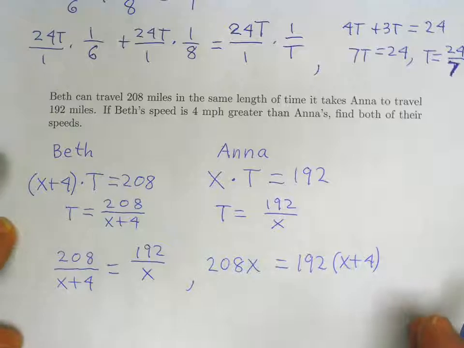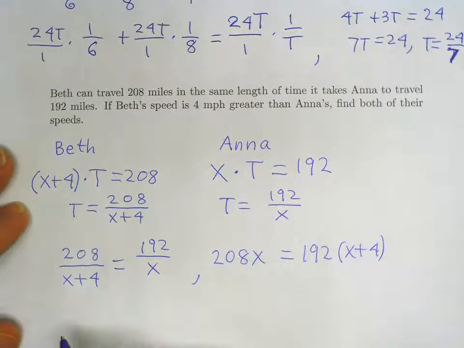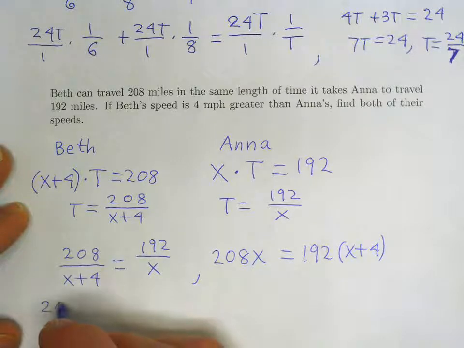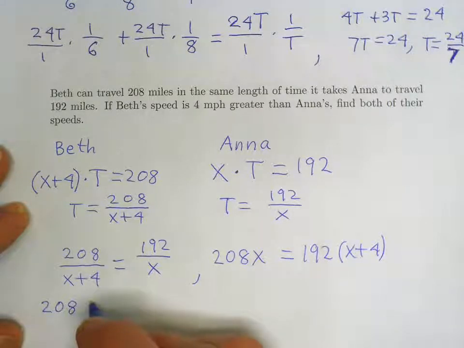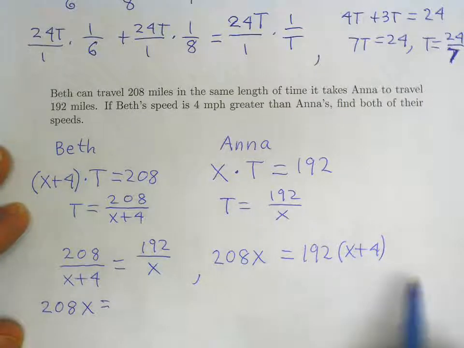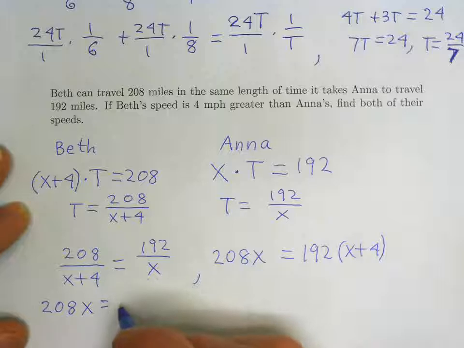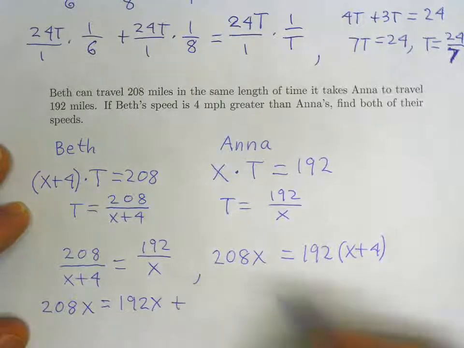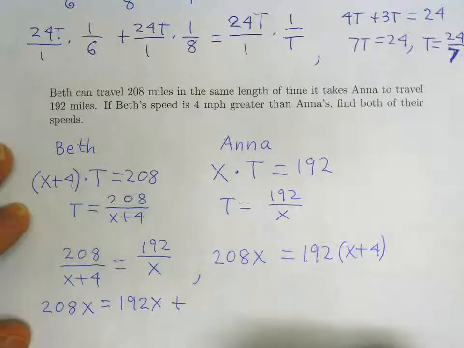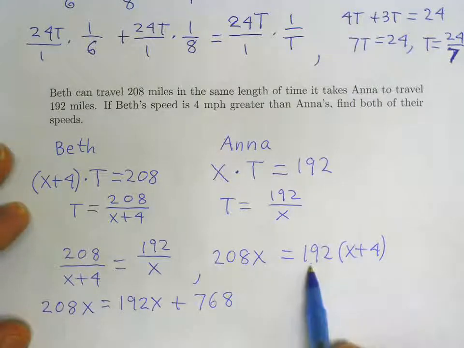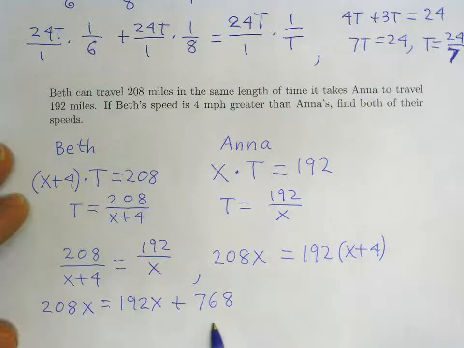So I'm worried about running out of space. But anyway, on the left-hand side, 208 times x. On the right-hand side, 192 times the quantity x plus 4 is 192x plus 768. 4 times 192 is 768.